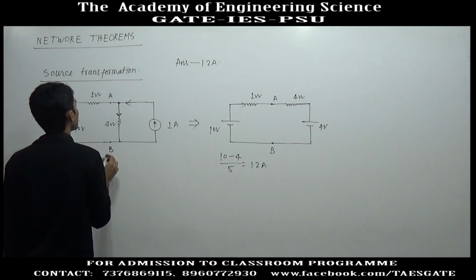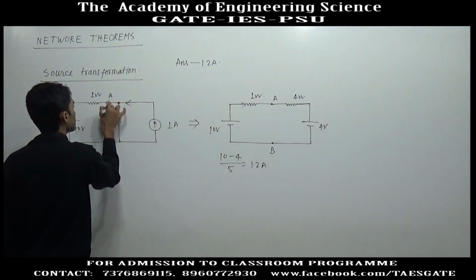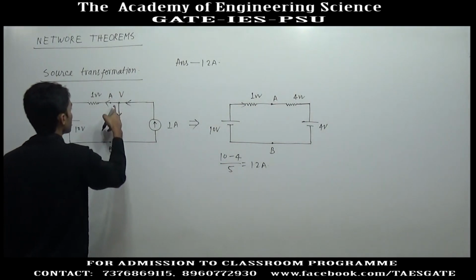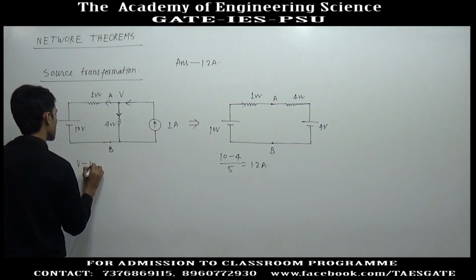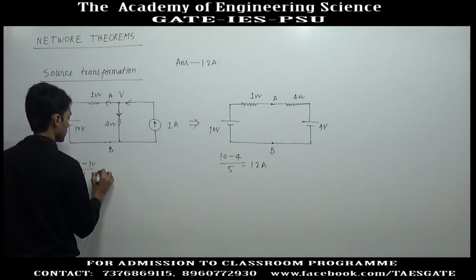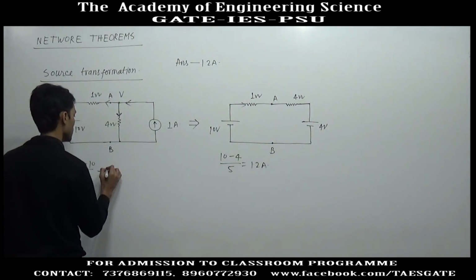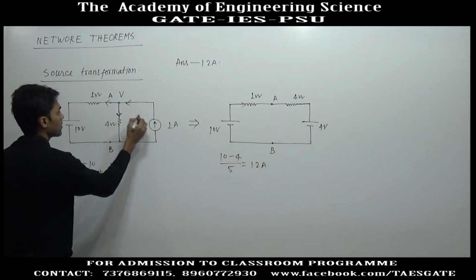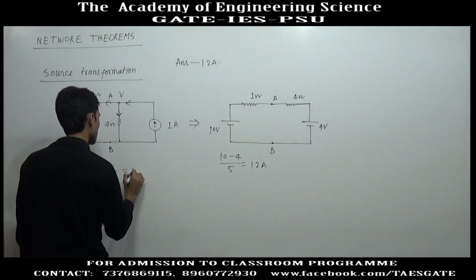This is the incoming current. Suppose this is an outgoing current and this is also an outgoing current. This voltage is V. So here the current will be (V minus 10) divided by 1, plus here the current will be V divided by 4. This is the total outgoing current, and the total incoming current is 1 ampere.